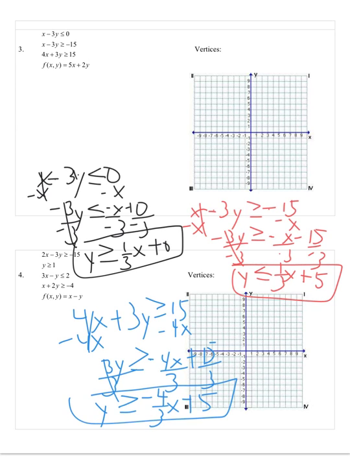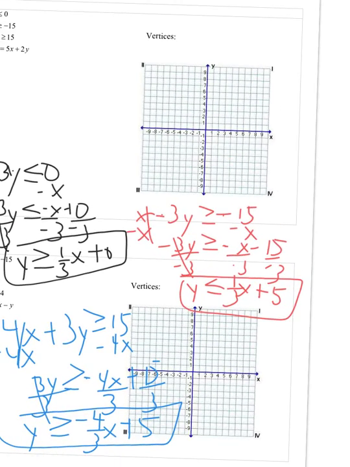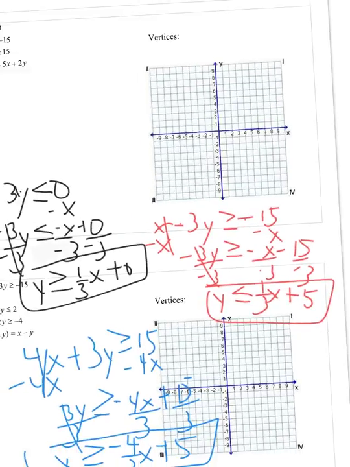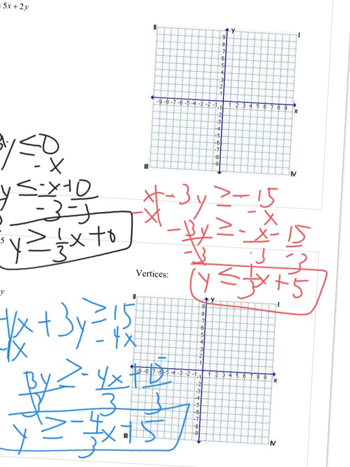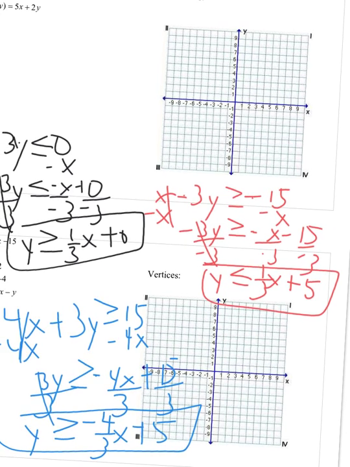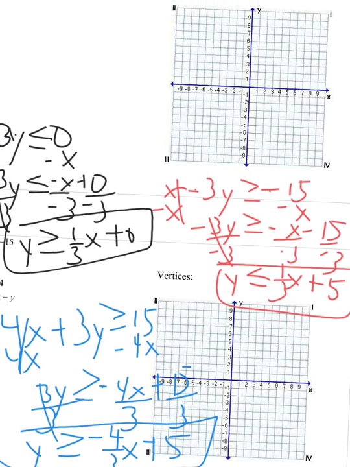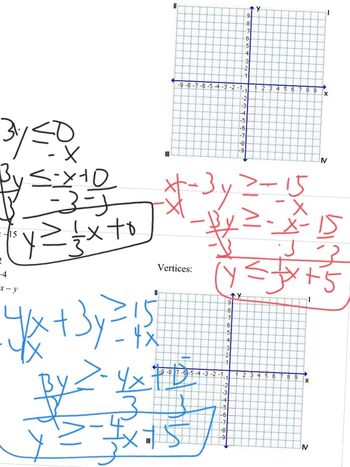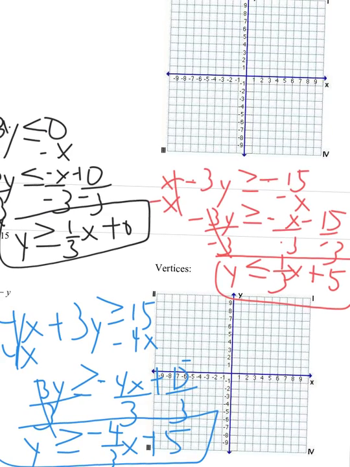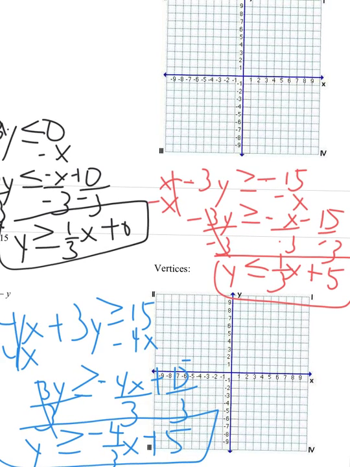All right, so now we're going to come up here. We're going to take this first one and go through and graph these. So we have y is greater than or equal to 1/3 x plus 0.